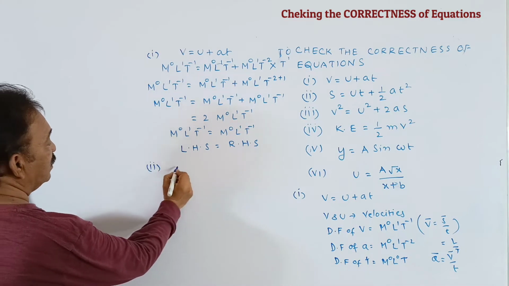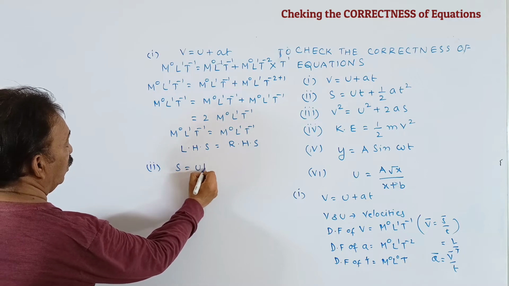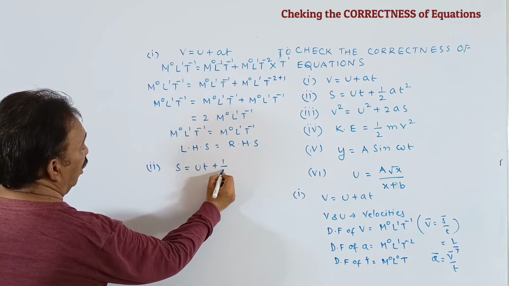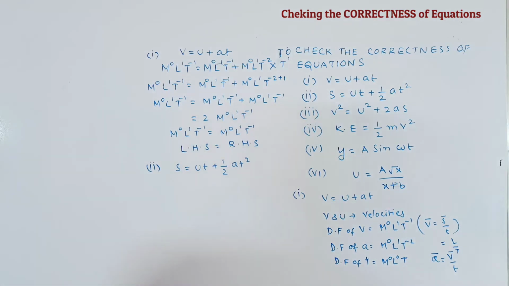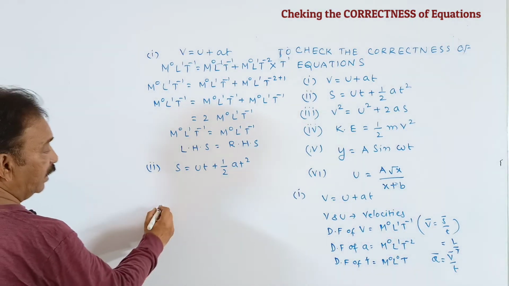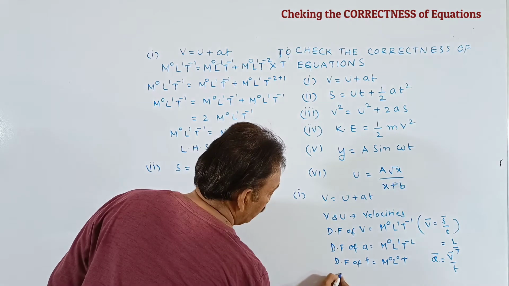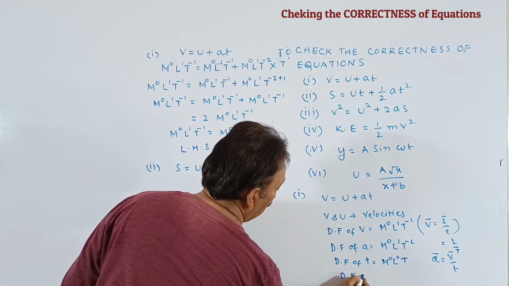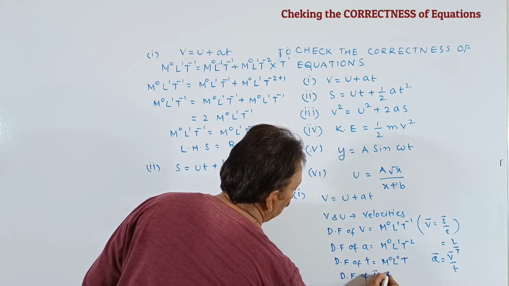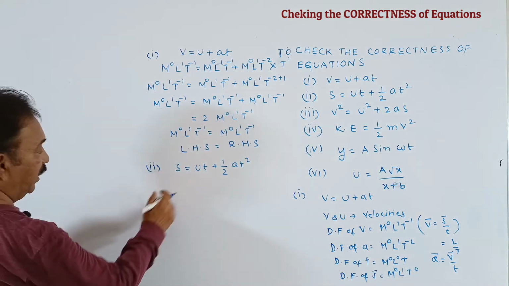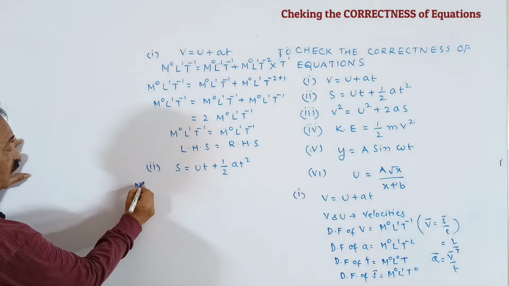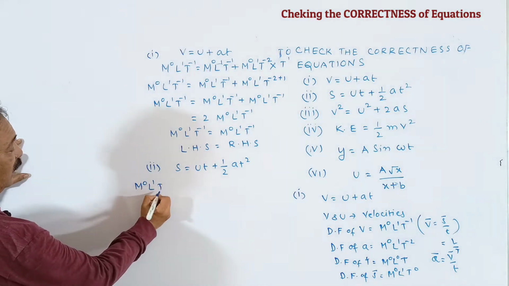The second equation is S is equal to ut plus half at square. Here S is the displacement, students. For displacement we can directly write the dimensional formula: M0 L1 T0.